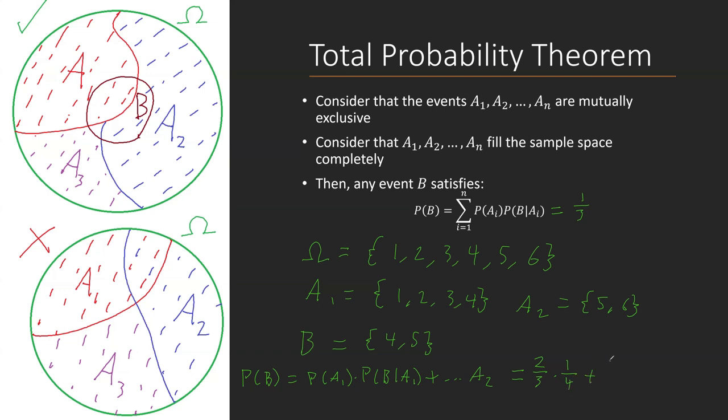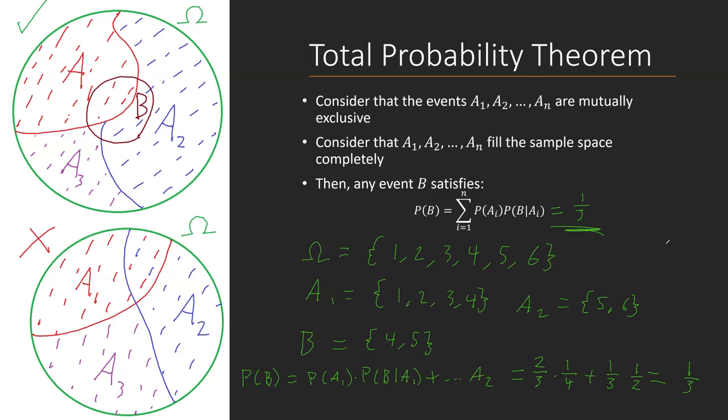Similarly, for A2, we have a 1 in 3 chance of getting A2. And if we get A2, there's a 1 in 2 chance that we get event B. So in total, this is 1/6. This is 1/6. 1/6 plus 1/6 is 1/3, as we expected up here. So hopefully this gives you at least some idea and some intuition of what this theorem is and that it is actually correct.